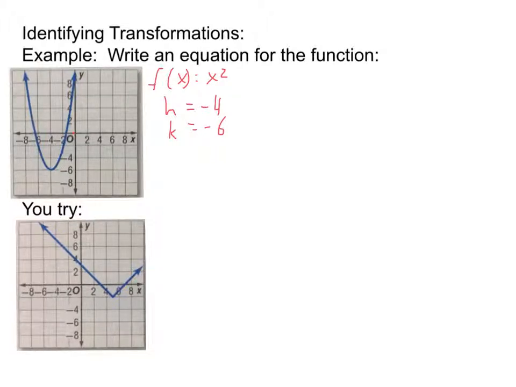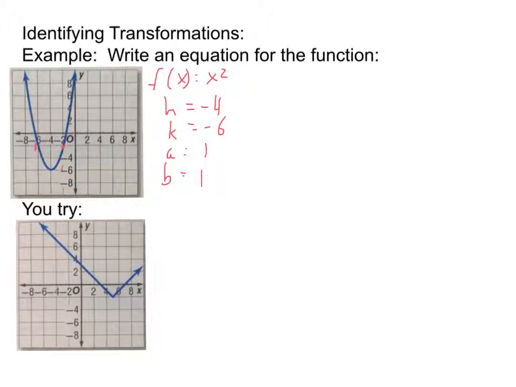And then it looks like it goes over 2 up 4 still. That's the normal way. If we go with a parabola, if we are going to the right 2, we'd go up 4 because 2 squared is 4. So a is 1 and b is also 1. It hasn't been stretched or shrunk at all.